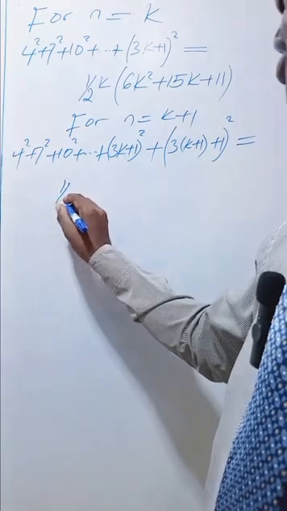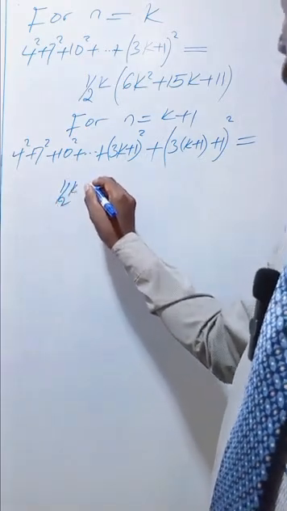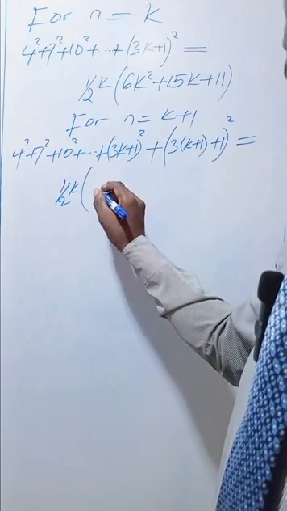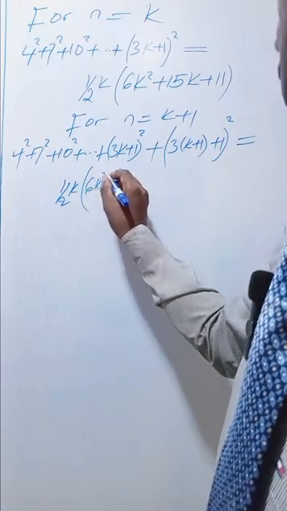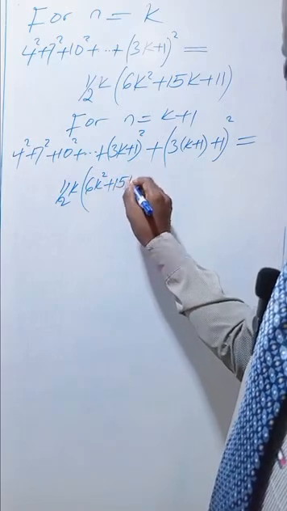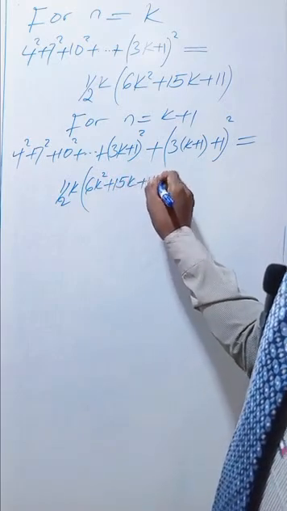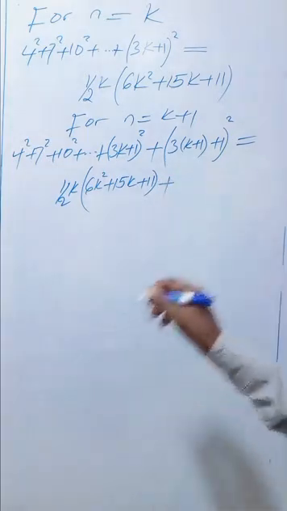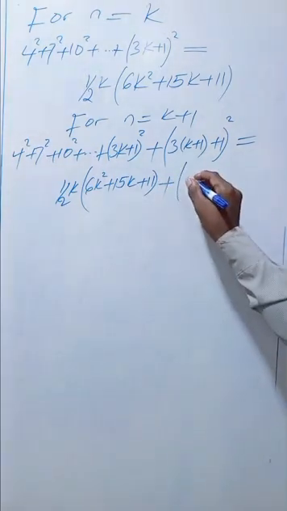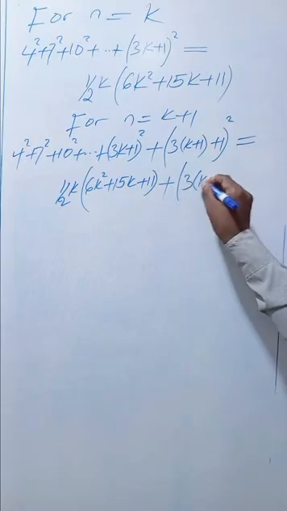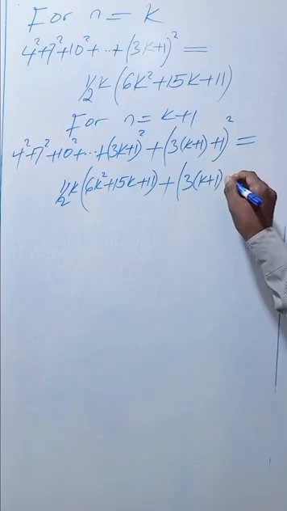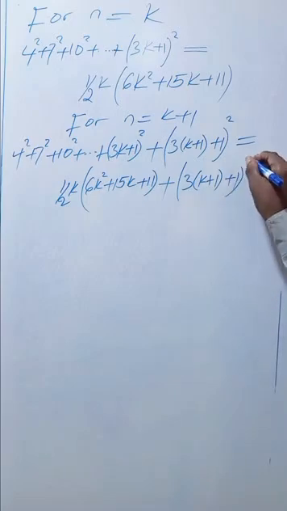The right hand side, this is a half k into bracket 6k squared plus 15k plus 11. Then we add the new term which we have added on the left hand side, which is (3k plus 1) again plus 1, squared.